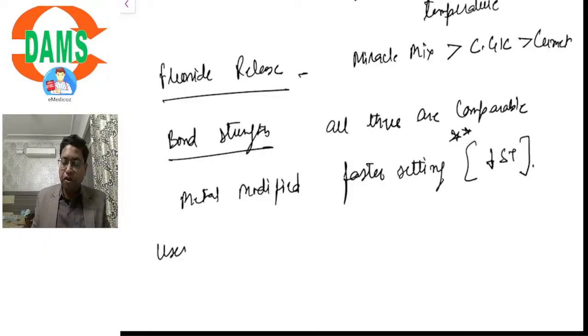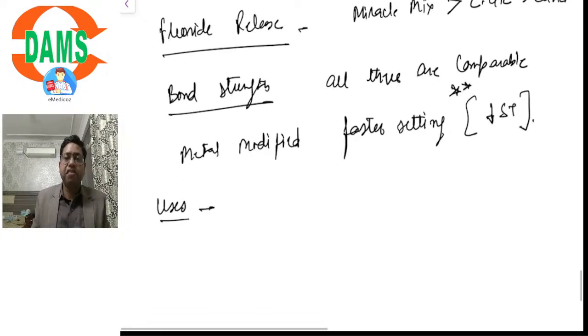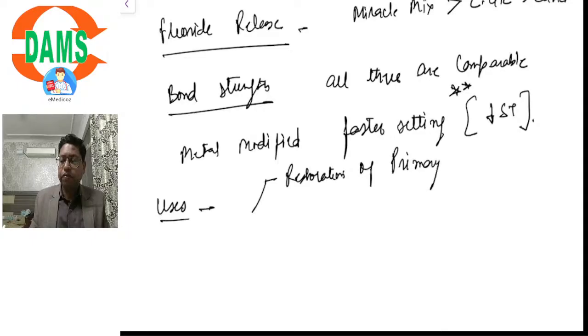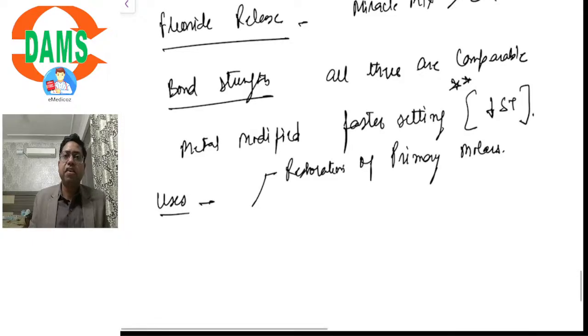If we talk about uses of these metal modified GICs, then they have got limited uses: restoration of primary molars. Primary molars means children's teeth, because they are faster setting and have the capacity to bond. They are very well suited for children in which isolation is difficult.